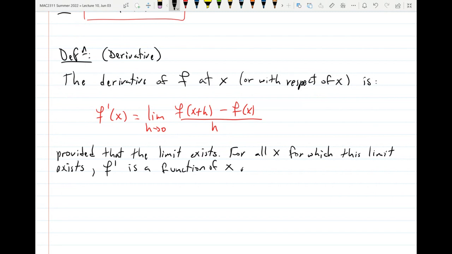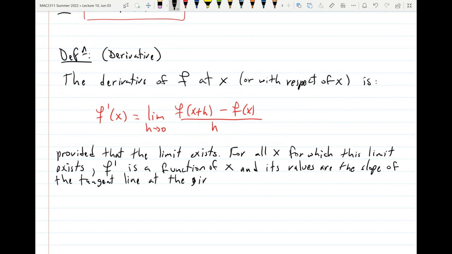And its values are the slopes. In other words, the range of this function is the slopes of all possible tangent lines. The slope of the tangent line at the specified input, or at the given input.